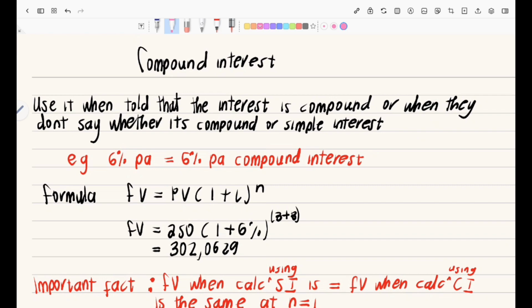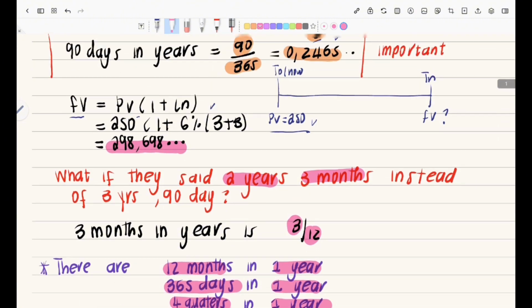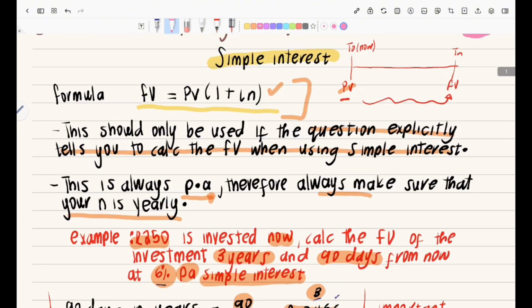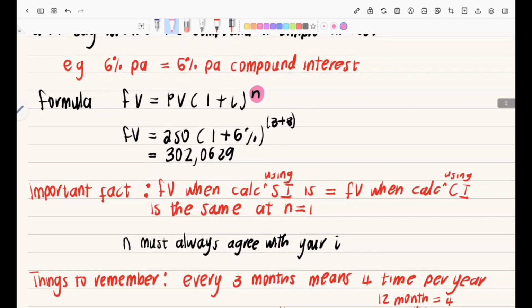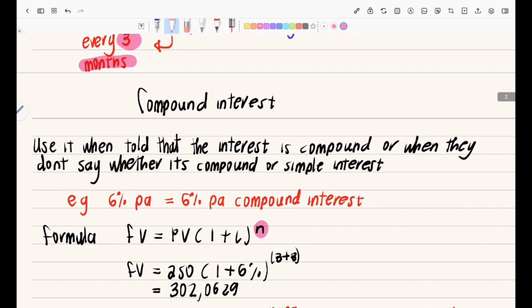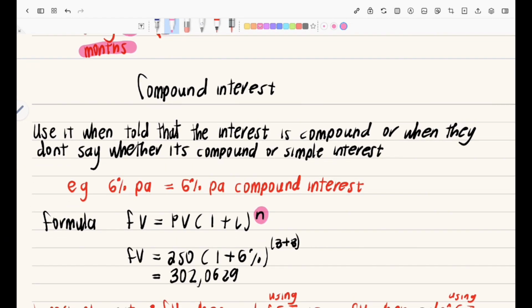Hence, it is to the power of n. Unlike simple interest, where the I is multiplying the n, here the n is an exponent, because it's growing exponentially. So you use this whenever you are told that the interest is compound, or if they don't tell you whether it's compound or simple interest.